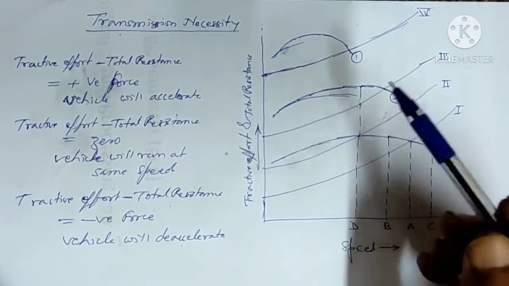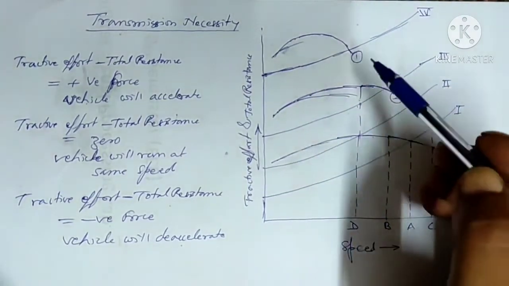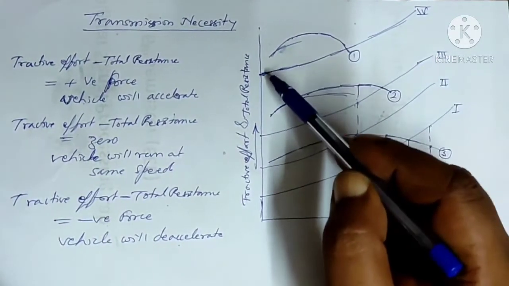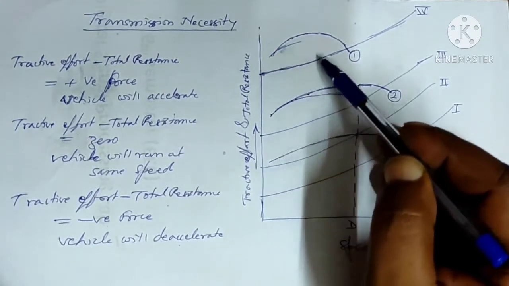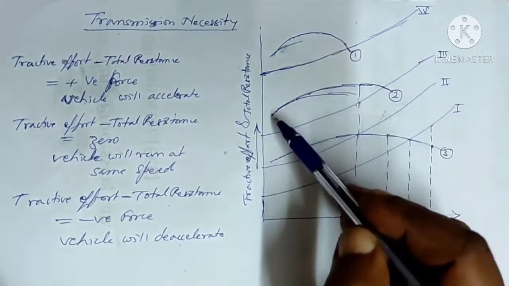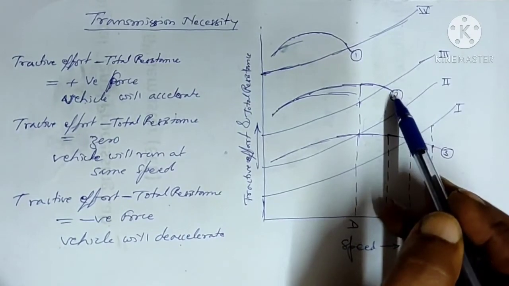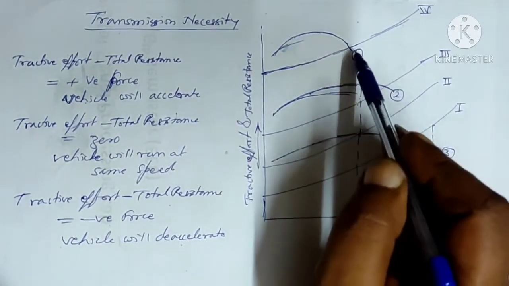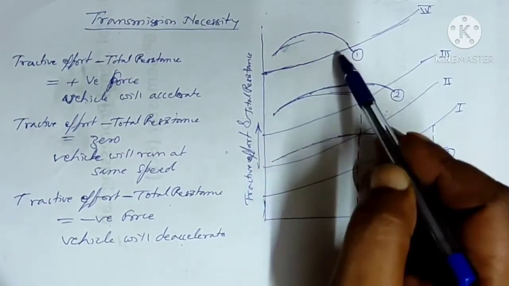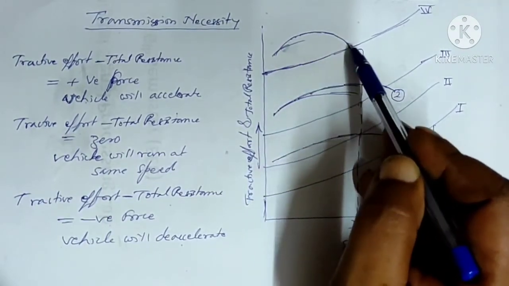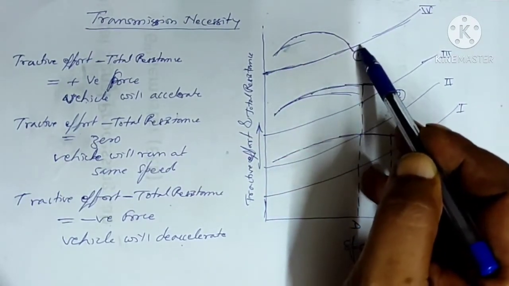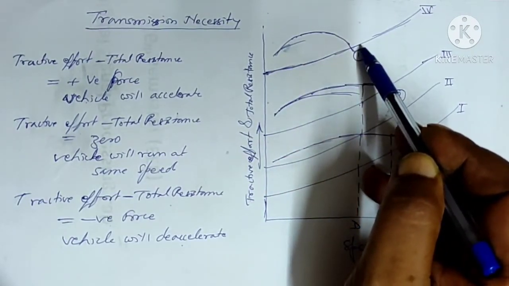If the resistance is increased further, say we are on this line, then at this resistance level the second gear is also not in a position to provide the tractive effort. So then we have to move to the first gear. In the first gear we will have some point where the tractive effort matches the total resistance.